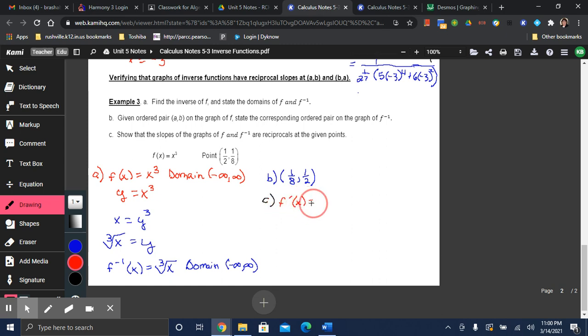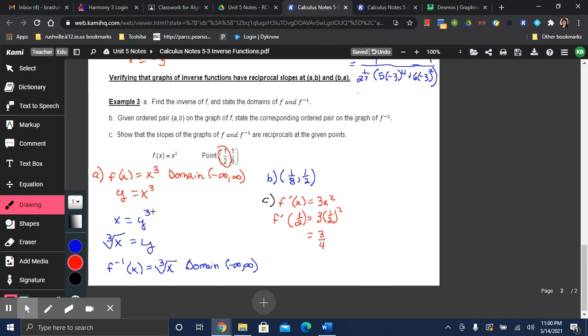So f prime of x is equal to 3x squared, and the given ordered pair, the x is 1/2. So f prime of 1/2 would be 3 times 1/2 squared, and that's going to equal 3/4. So there's our first function and its derivative.